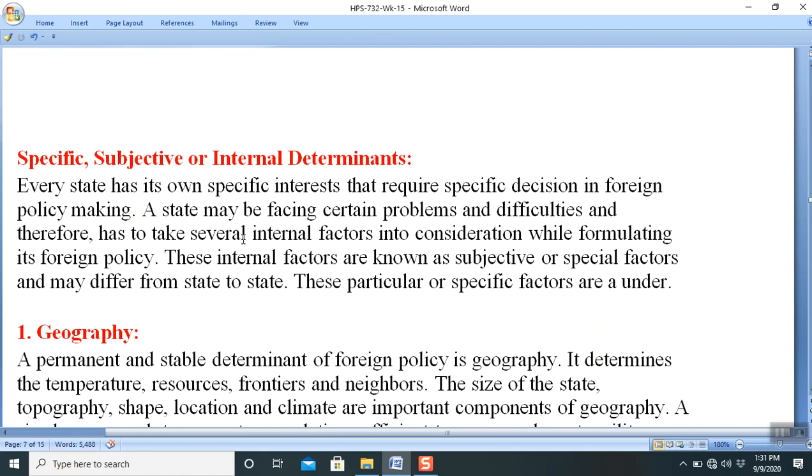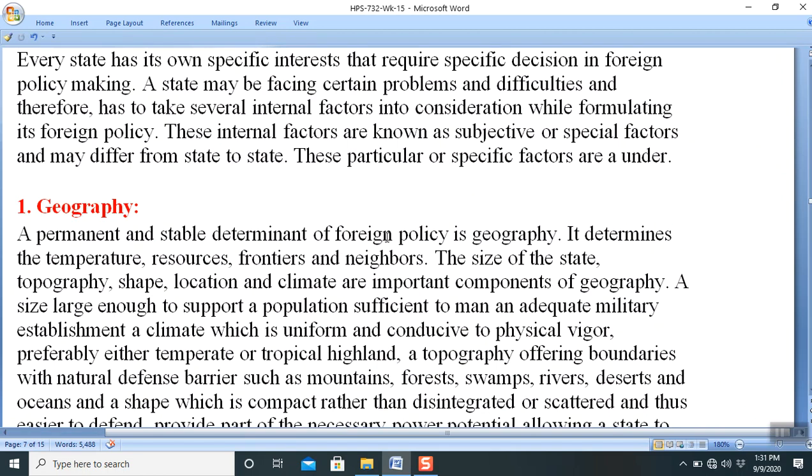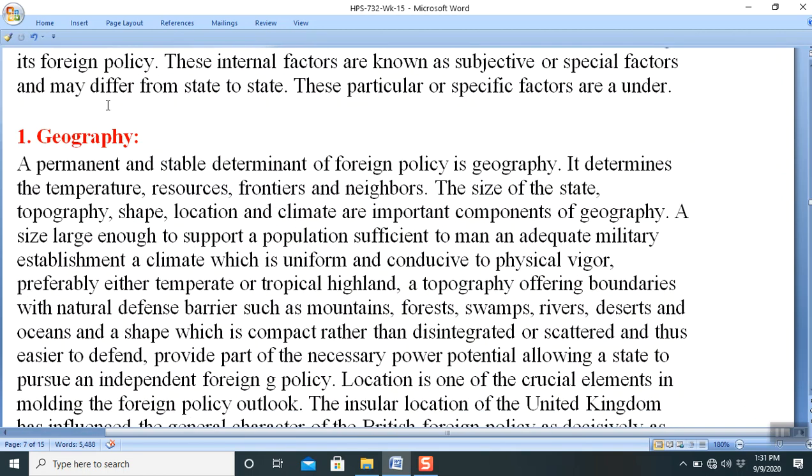Next, specific, subjective, or internal determinants. Again, internal determinants: geography. I gave you the example that Pakistan became important because of its location, sea route. You find, clear, Pakistan is connected with other countries through land, situated on the Eurasian plate.